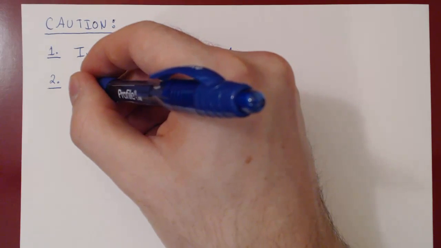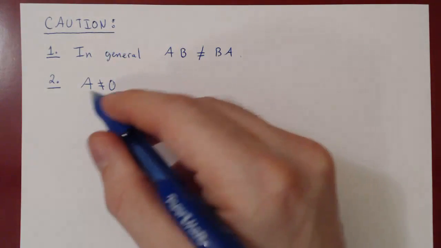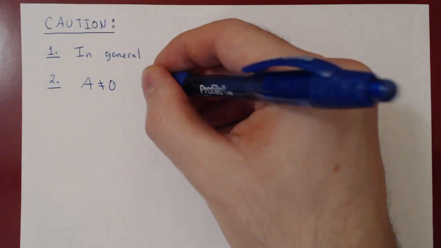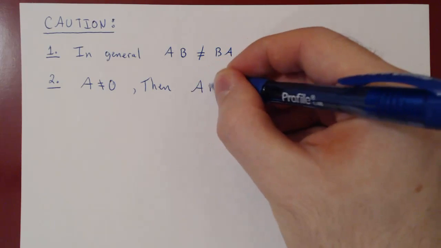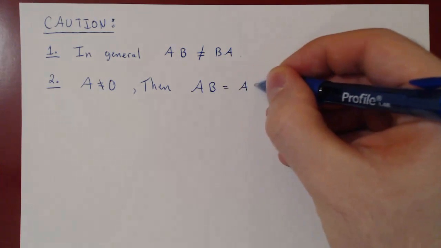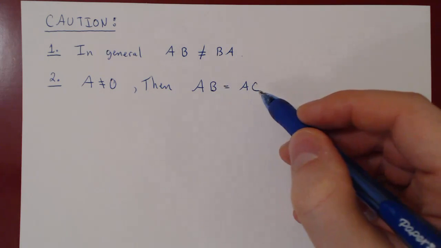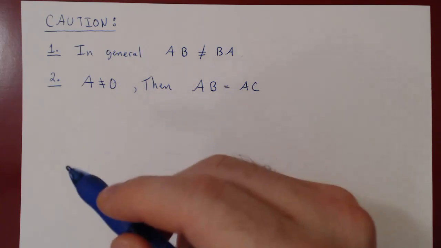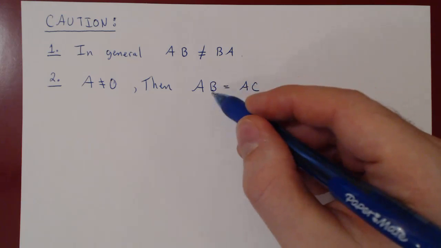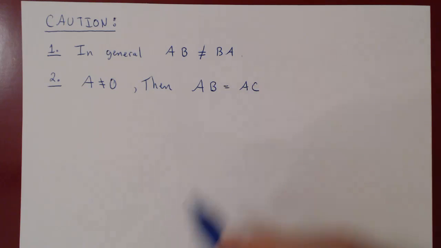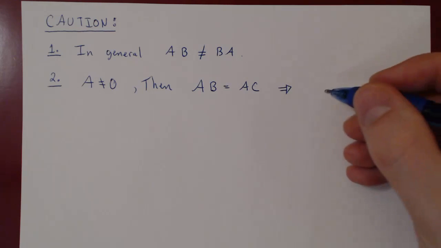So if we have that A is not 0, so A is not the 0 matrix, so at least one of its entries is not 0, then if you have AB equals AC, if you think of real numbers, if A times B equals A times C, and the real number A is not the 0 real number, you can cancel A on both sides and prove that B is therefore equal to C. This no longer holds of matrices, so we lose our simple cancellation law of matrices.